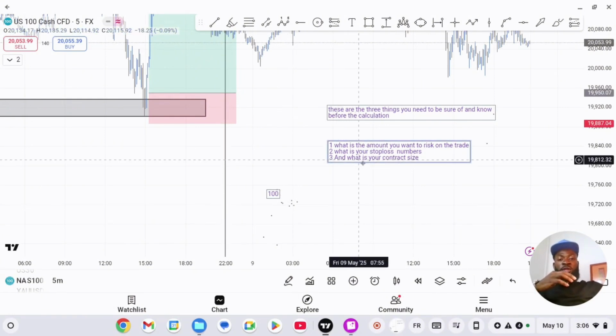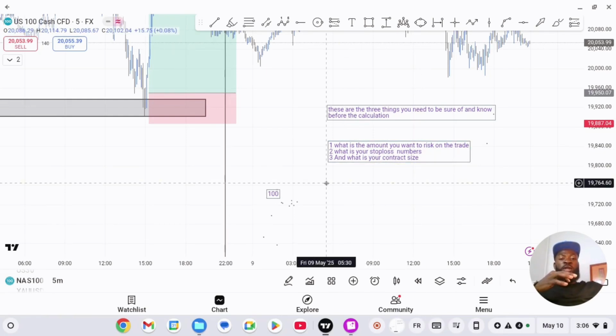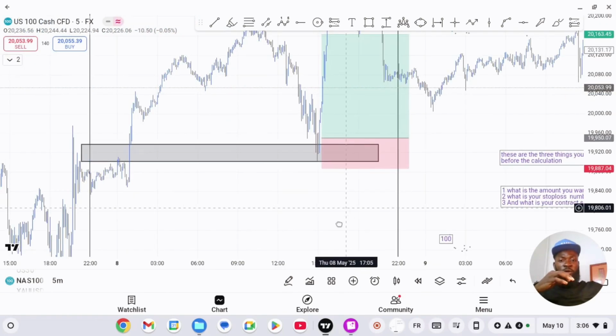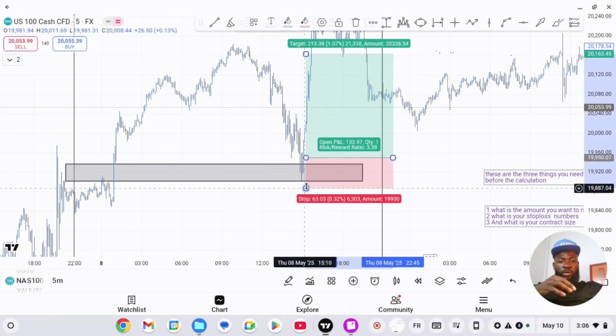Secondly, what is your stop loss number? How do we get our stop loss number? We simply check this example. For instance, let's say we want to buy this trade. Now, stop loss here. Look at the numbers. This number that is the root stop is 64.